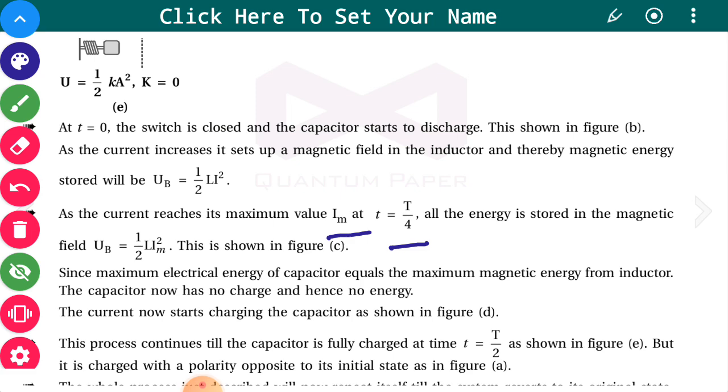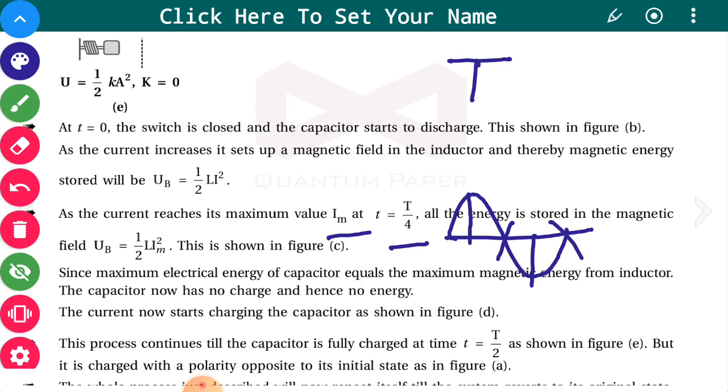So in the first T by 4 time, if the total time is divided in 4 parts, current flows like this, then at T by 4 time what will happen? It will become maximum. So again energy associated with the inductor becomes maximum, capacitor becomes 0. Then the current becomes 0, then energy associated with the inductor becomes 0, then the capacitor will be maximum. Again in the opposite direction, current is maximum, then inductor is having maximum energy, capacitor is having 0 energy again.